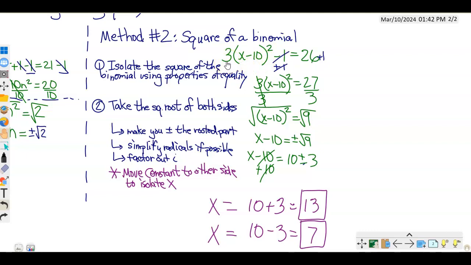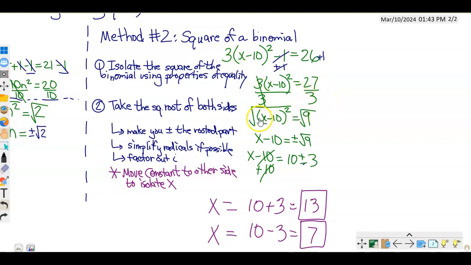So these are two operations I've got to undo in order to get that squared part alone. So I'm going to add 1 to both sides, undoing my minus 1. And you can see that gives me 26 plus 1 is 27. And then you also see that I am dividing both sides by 3.